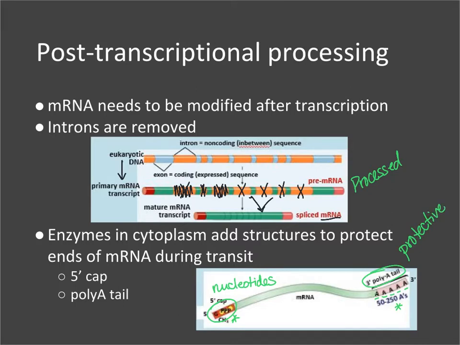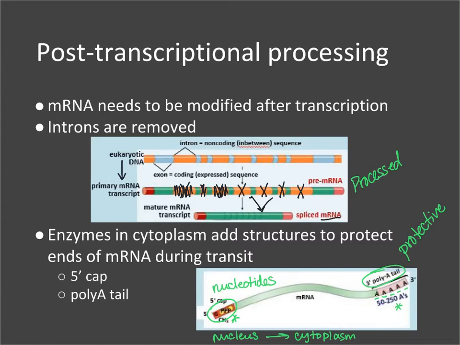So think about it, this molecule is going to have to go from the nucleus, and it's going to have to squeeze out through those nuclear pores in order to get to the cytoplasm. And along the way, it might bump into things, it might be exposed to some chemicals that could be dangerous to it.